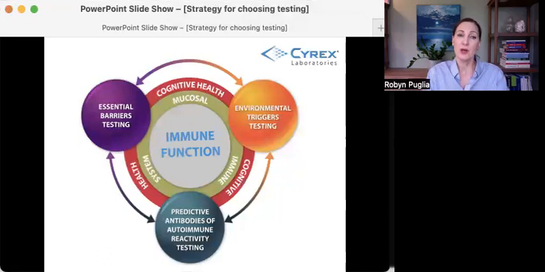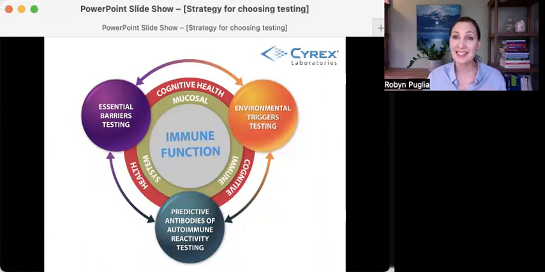Okay, so with Cyrex testing, we are taking a deep dive into the mechanisms underlying each person's autoimmune process. But in order to know which direction to take, we need to take a broader view and consider the big picture. So this is the Cyrex system, and within the Cyrex system, we are assessing environmentally induced autoimmune disease.